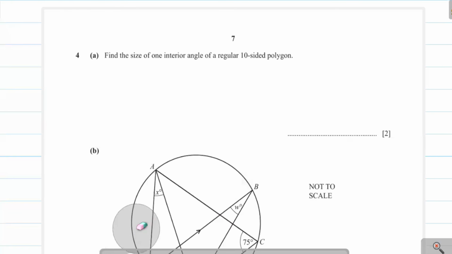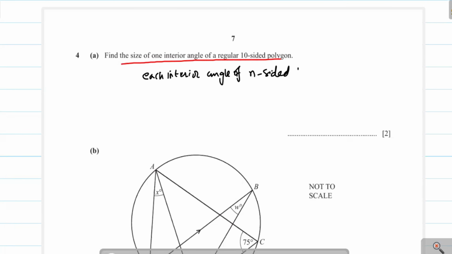Question number 4, part A. Find the size of one interior angle of a regular 10-sided polygon. Each interior angle of an n-sided regular polygon is equal to (n minus 2) times 180 divided by n, where n is the number of sides.